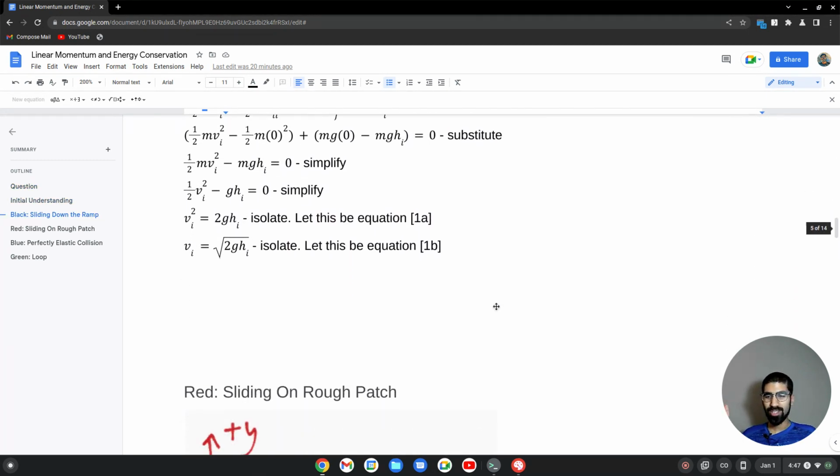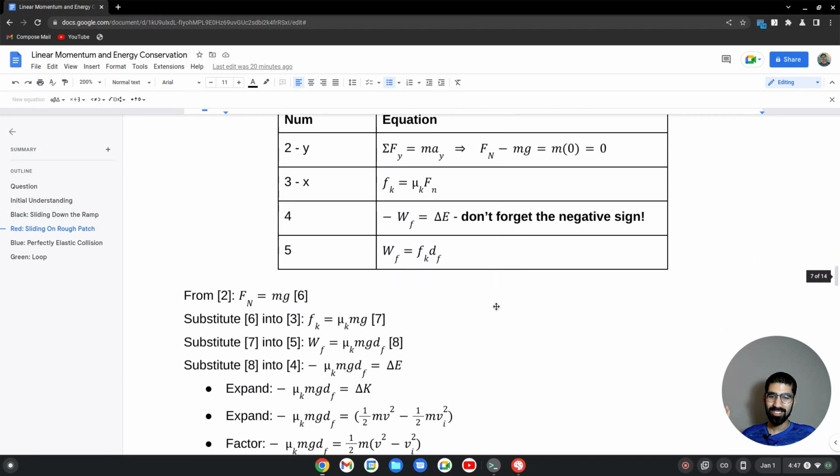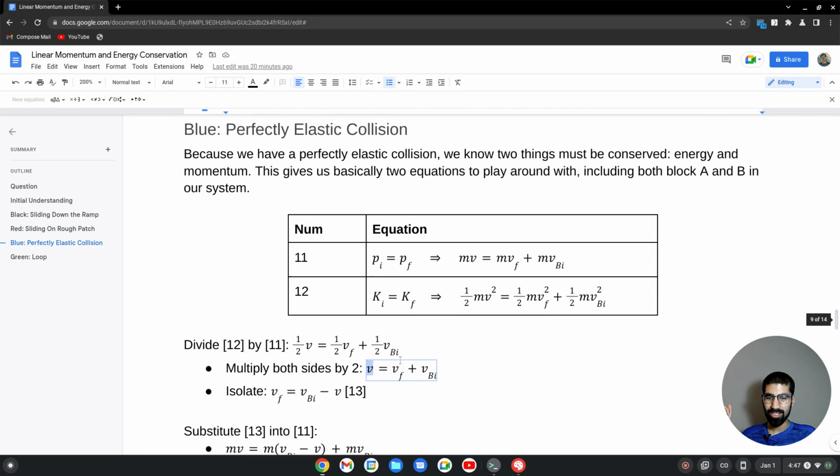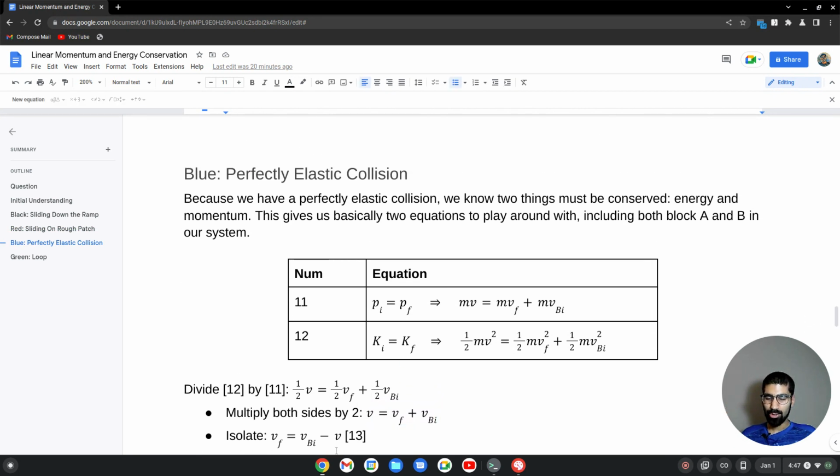Don't get lost in the subscripts, keep looking at the pictures. It helps me after pages and pages of equations. So anyways, I isolated the final velocity of block A by subtracting VBI from both sides.